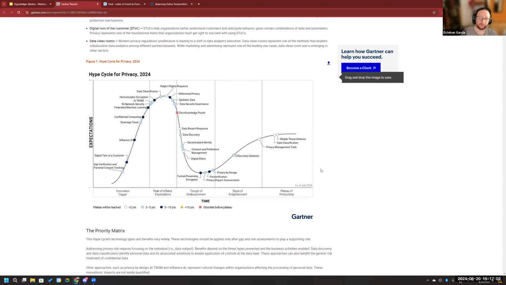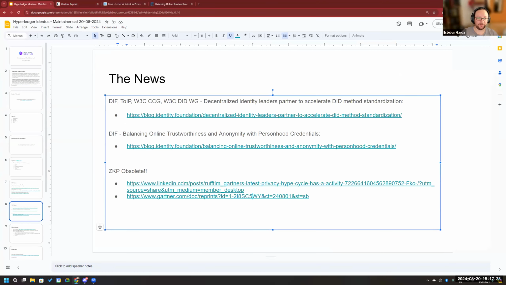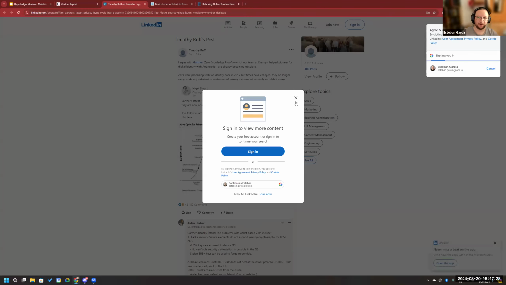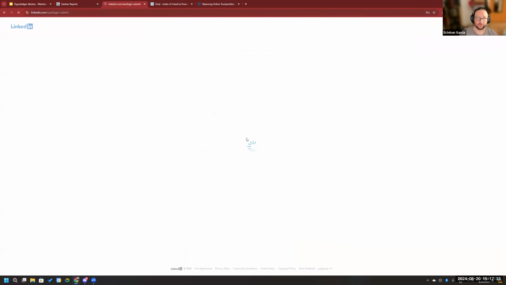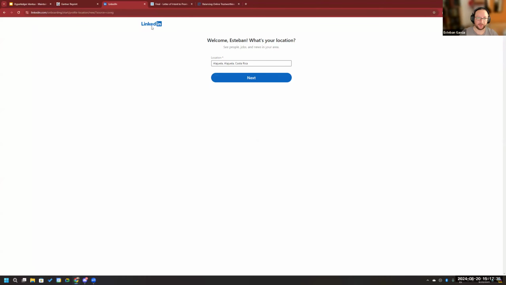The things that Gartner publishes are usually relevant because in the end, decision makers take this stuff into consideration when they are evaluating technologies. So that is also interesting to check out. You can take a look at this report as well. It has some interesting information, and I also put here the link to one of the discussions that is happening on LinkedIn, so you can see the different viewpoints from other experts in the SSI space.